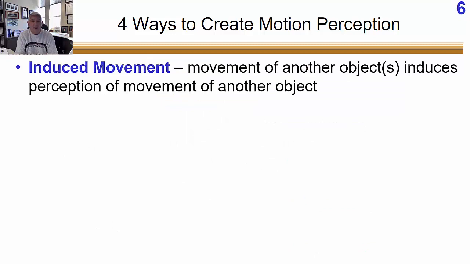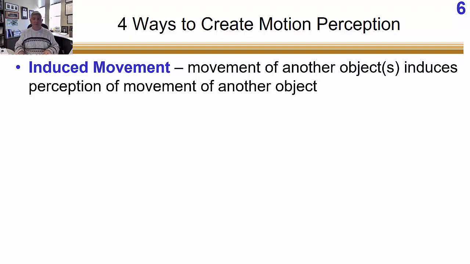The third way is induced movement. Movement of another object induces the perception of movement. You've probably experienced this if you've been on an amusement park ride where you're seated and the screen, everything is moving around you, but you're really not moving that fast or moving at all.